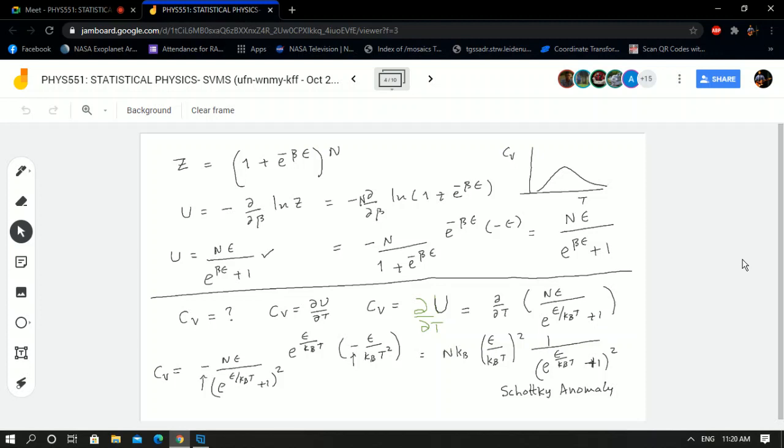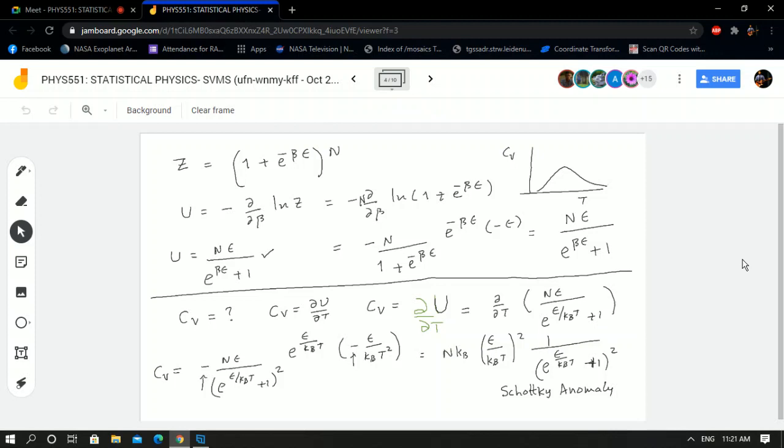We have CV as nkB times, let us define epsilon by kBT as some variable x. So CV by nkB is equal to x square divided by e to the x plus 1 whole square. So this is the kind of function.